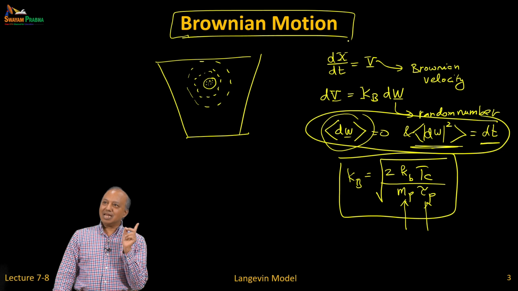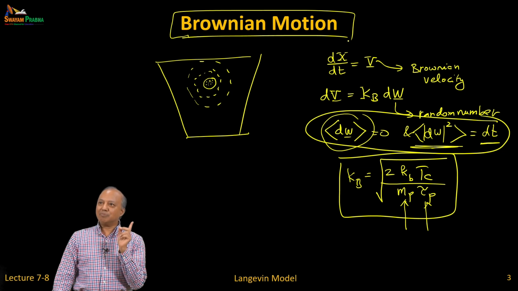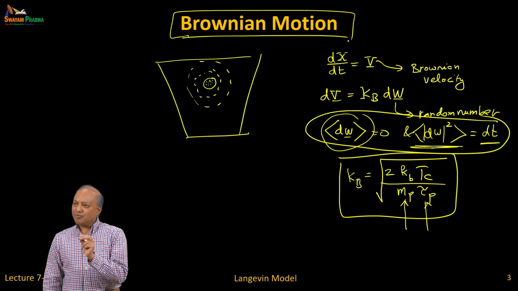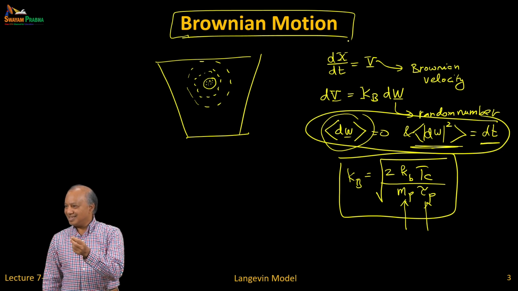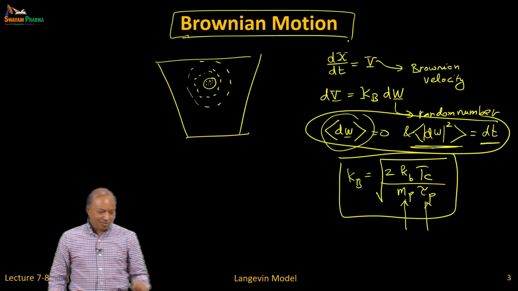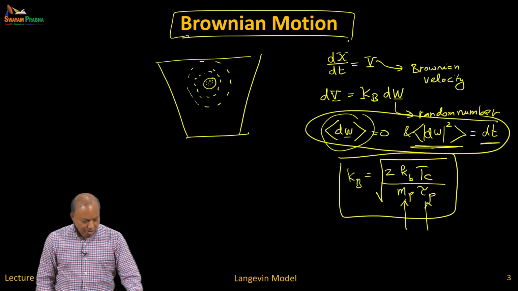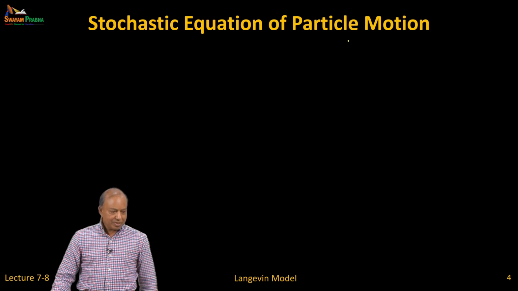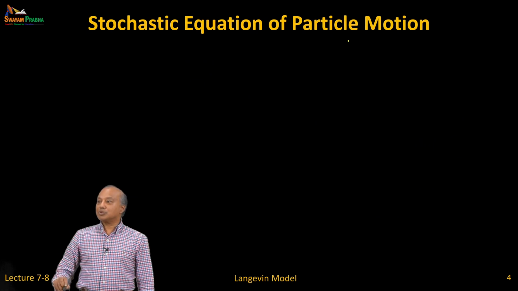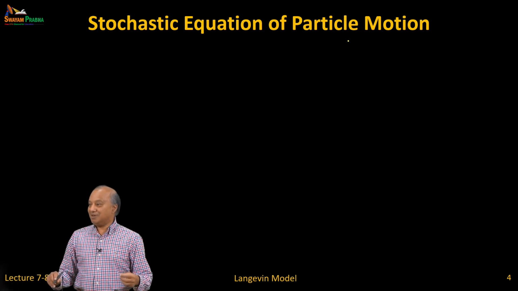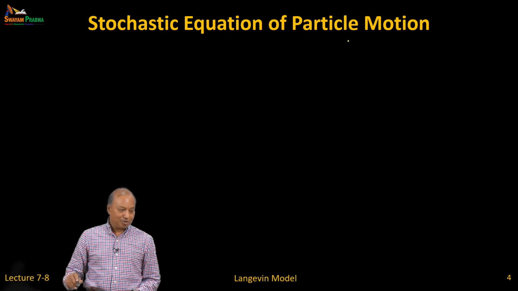If the last time the random number asked it to move to the right, this time I still will move to the right, but with a different amplitude maybe. So how to do that is the key question. What we're going to do is now talk about the stochastic equation. In other words, we are going to give random kicks to our particle motion.